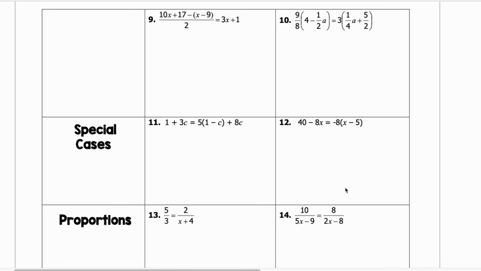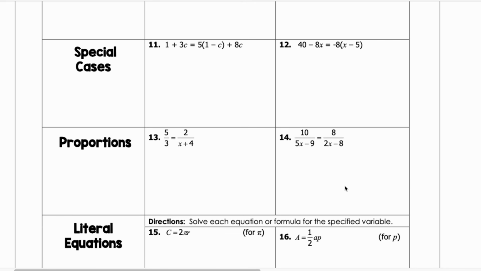Let's look at special cases, okay? We didn't have a lot of these in geometry, so just to touch base and remind you what these will look like. We're going to treat them the same as if we don't know it's a special case, and we're going to distribute. So we have 5 minus 5c plus 8c equals 1 plus 3c.